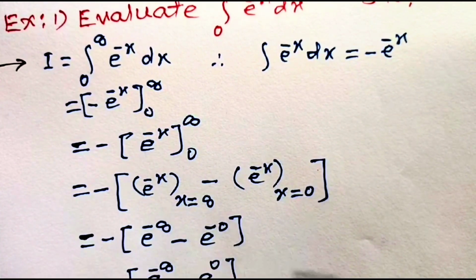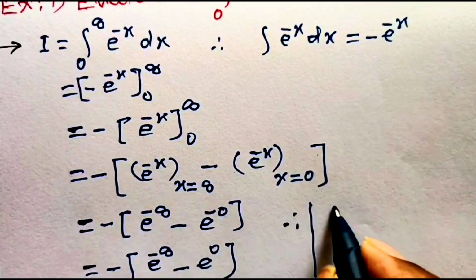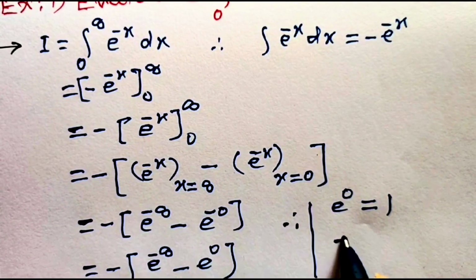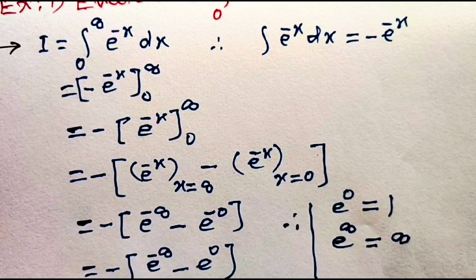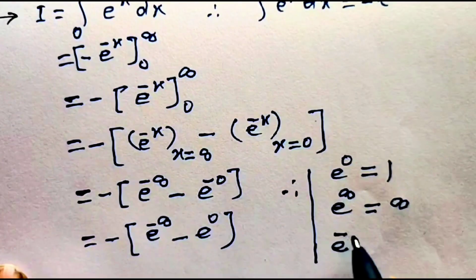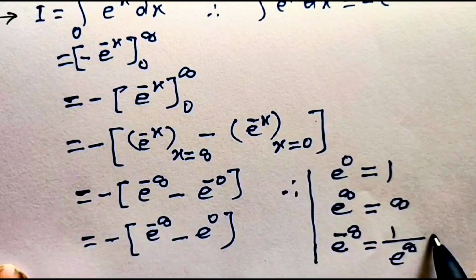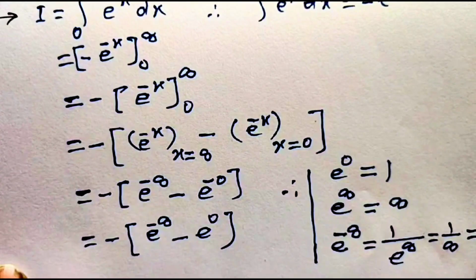E to the power minus 0 is nothing but e to the power 0, and we know e to the power 0 is always equal to 1. Next is e to the power infinity, this is equal to infinity. And e to the power minus infinity becomes 1 upon e to the power infinity, which is equal to 1 upon infinity, and this is equal to 0.